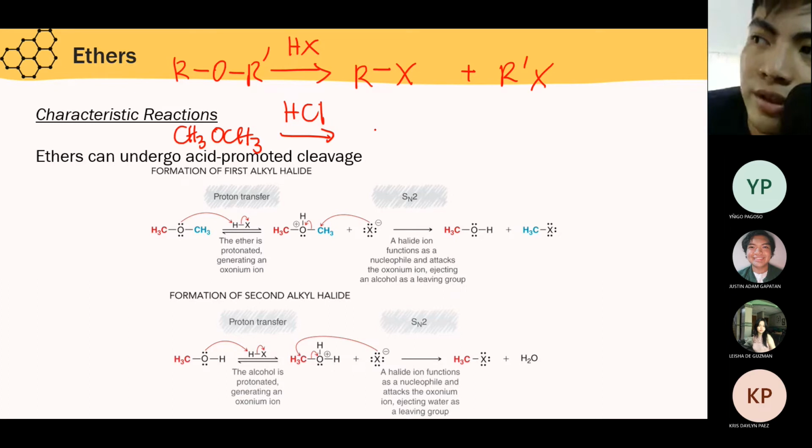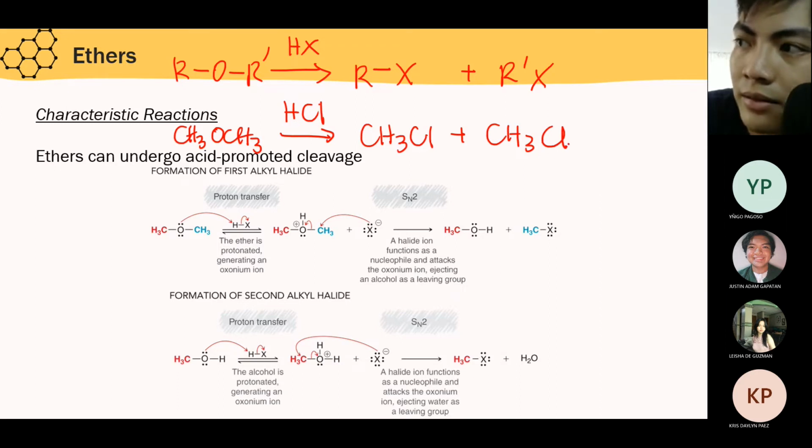Ang mapoproduce mo niyan ay CH3Cl at isa pang CH3Cl. Okay. So, yan. So, ito yung R, dudugtong siya sa Cl. Itong R din, dudugtong sa Cl. So, this time, parehas sila. Okay? Kasi, symmetrical ether yan. So, parehas yung products na mapoproduce nila.